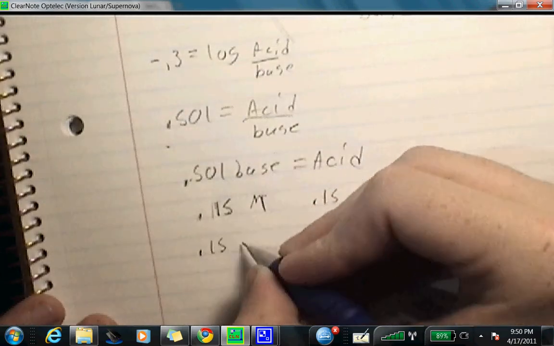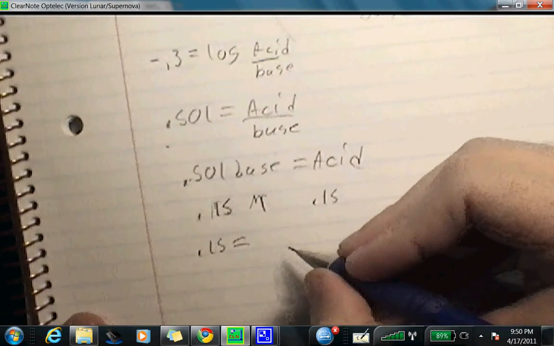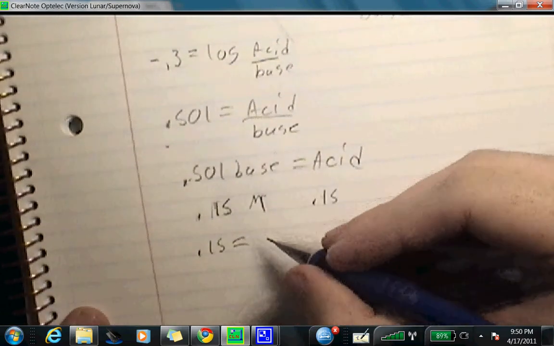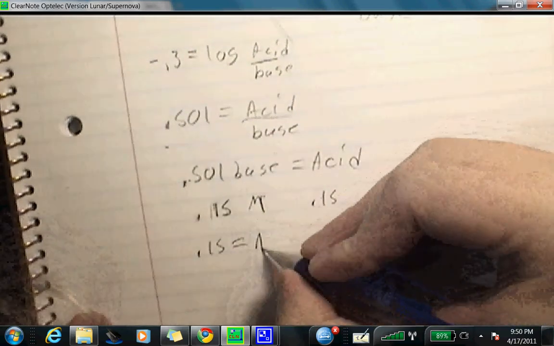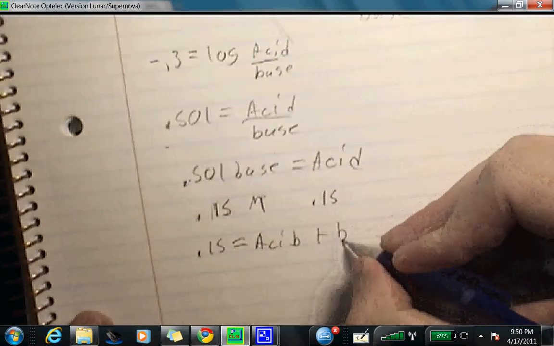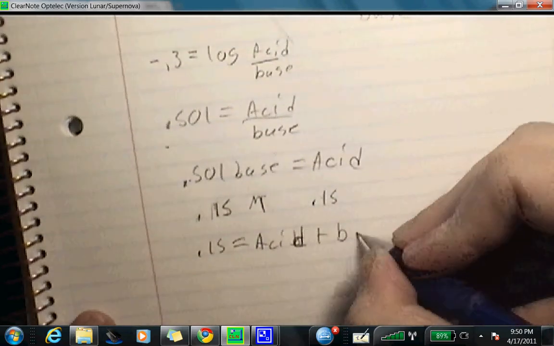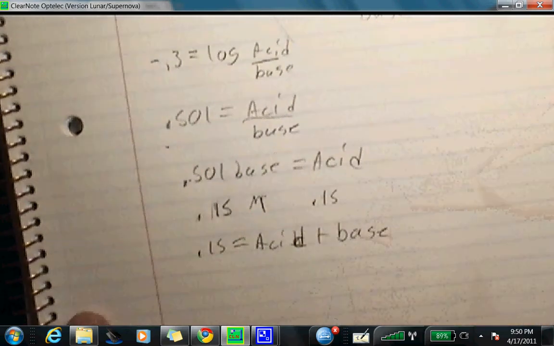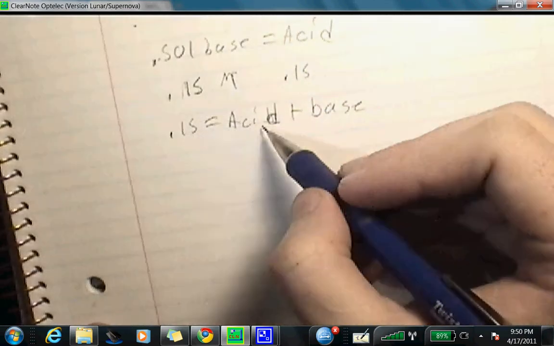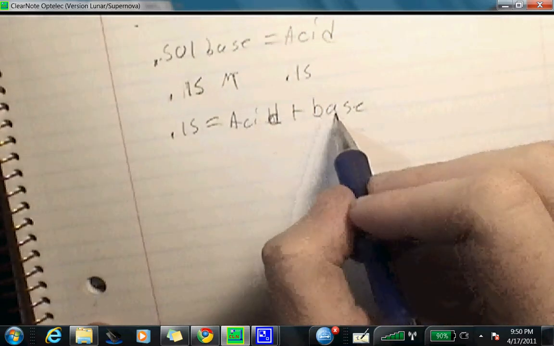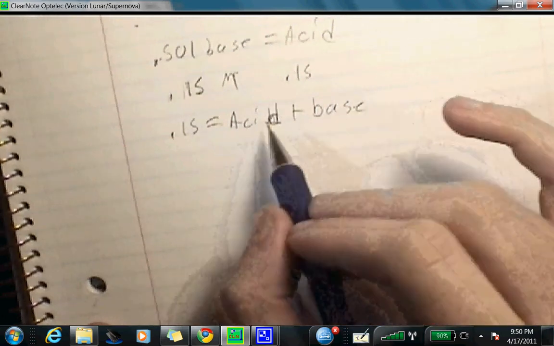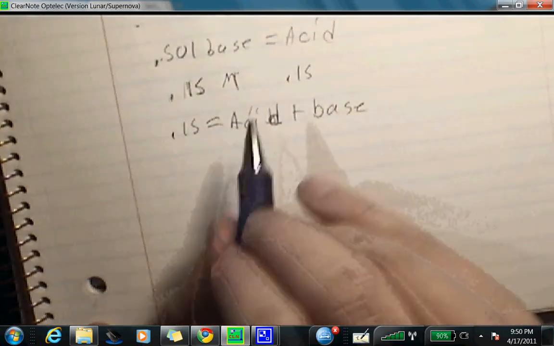But what this is going to mean is that 0.15 moles is going to contain our acid and our base form. So what this means is that out of 0.15 moles, some proportion of it's going to be acid, some is going to be base, but we know that they're both going to add up. So now let's plug this in.